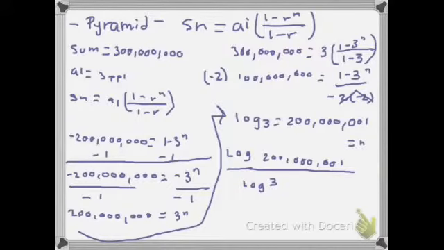So first of all, we're going to realize that this is going to be a geometric series. We're going to use that equation for our problem, which is S_n equals a_1 times (1 minus r to the n power) over 1 minus r. Then we realize that the sum is 300 million, and we will start applying the numbers to the equation.